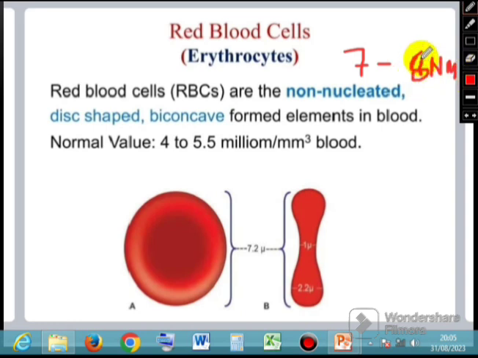That is the diameter of red blood cell. A mature red blood cell will have a diameter of about 7.2 microns. Alright?